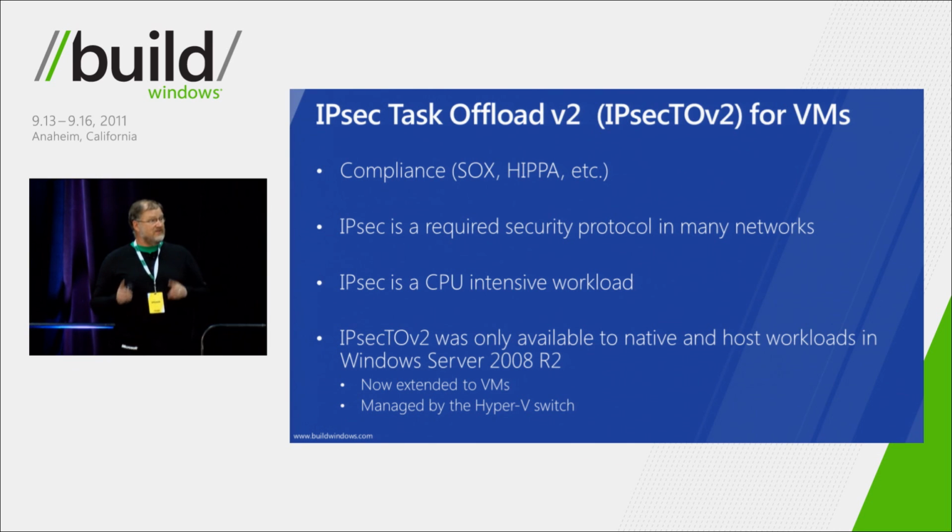What we've done in Windows Server 8 is extend the ability to get the advantages of that IPsec task offload, not just for native workloads, but also up into the VMs. The Hyper-V switch manages and distributes the SA slots across the VMs so that VMs can get the ability to offload their SAs into the NIC as necessary.